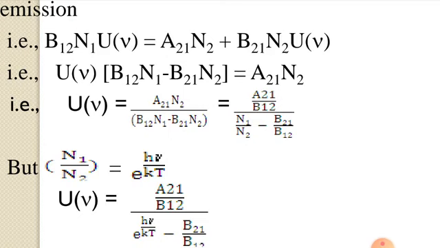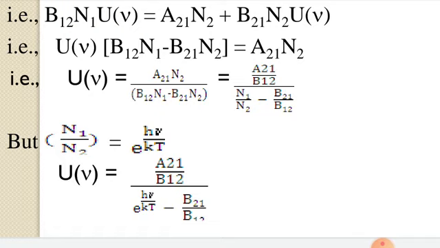You can do that, and finally it can be shown that N2 by N1 is equal to e to the power minus h nu by kT, or N1 by N2 is equal to e to the power h nu by kT. This is called the Boltzmann equation.